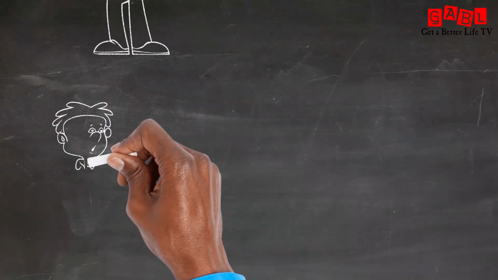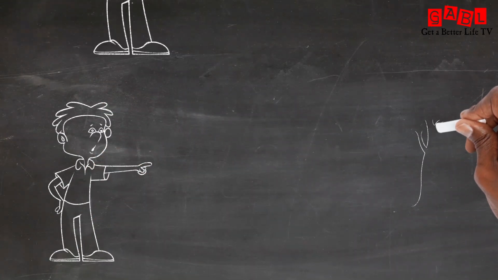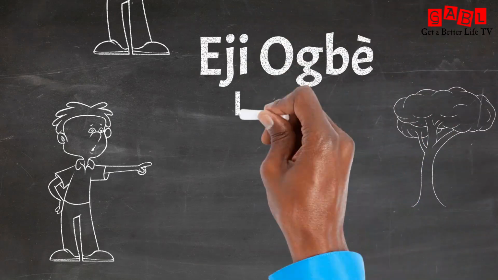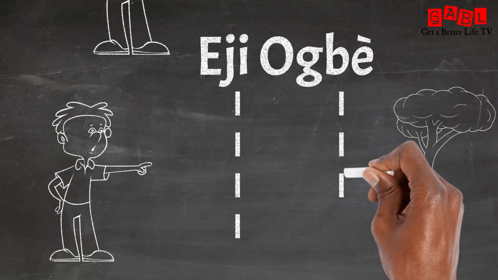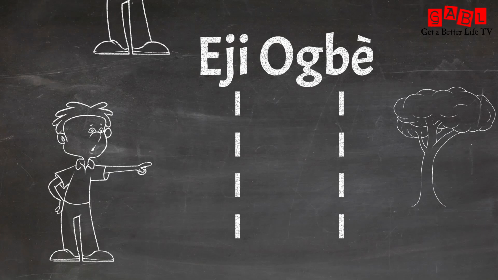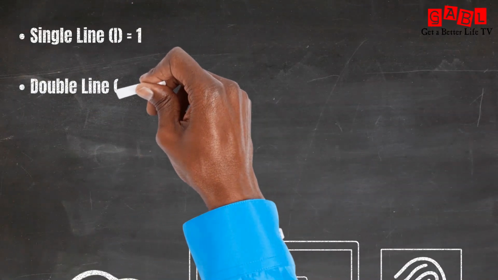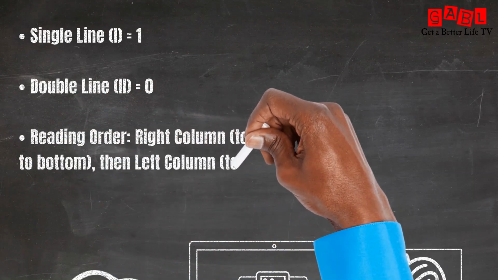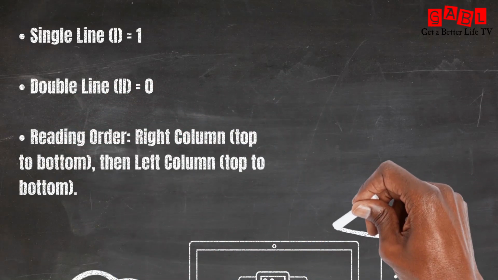Let's begin this incredible journey with the first and most prominent Odu Ifa, Eji Ogbè. Here before you, we see the pattern of Eji Ogbè. You can notice that Eji Ogbè is composed entirely of single lines in both its right and left columns.